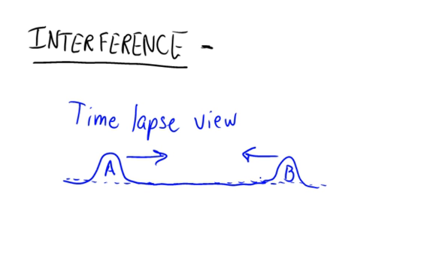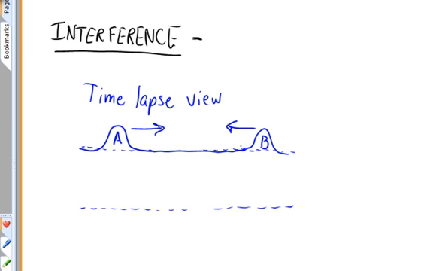So let's fast forward a few frames and see what happens when they meet in the middle. A little bit later, crest A has made it to the middle, and it tries to make the spring go up. Crest B has also made it to the middle, and at the same time, it's also trying to make the crest go up. So now what happens?